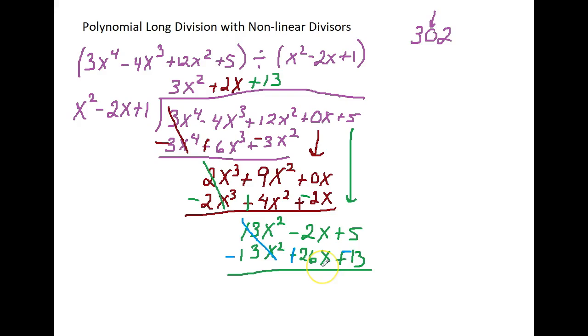Negative 2x plus 26x leaves me with 24x. 5, take away 13, gives me negative 8. And this is my remainder.